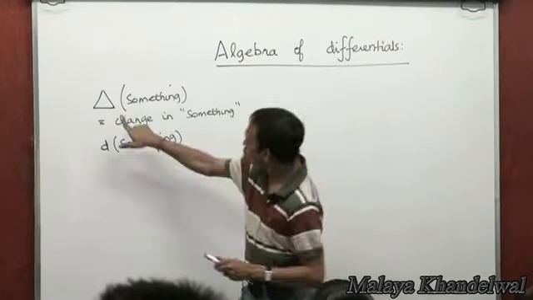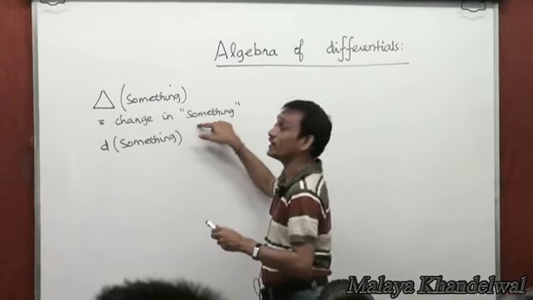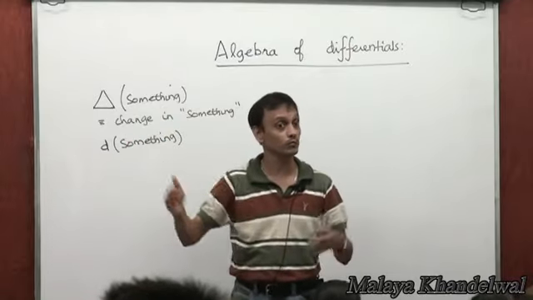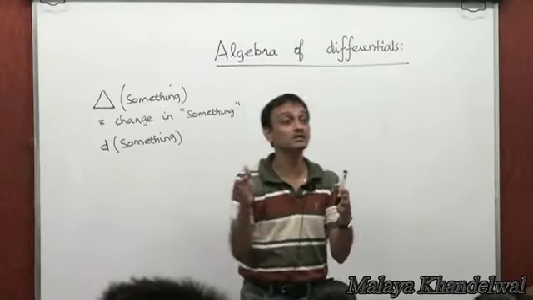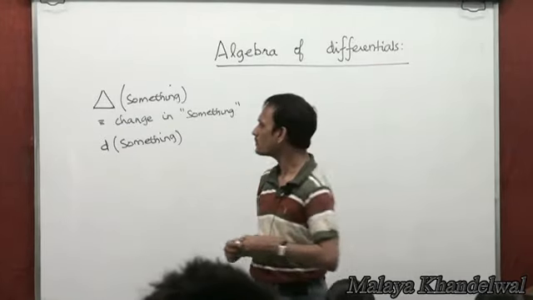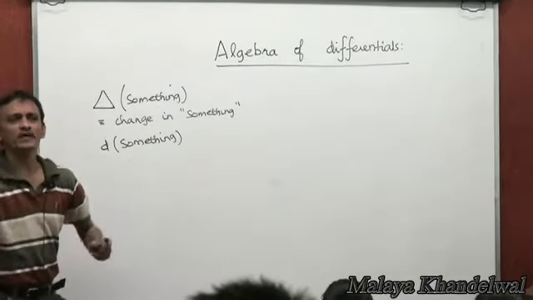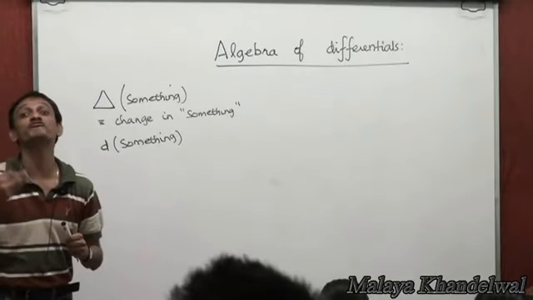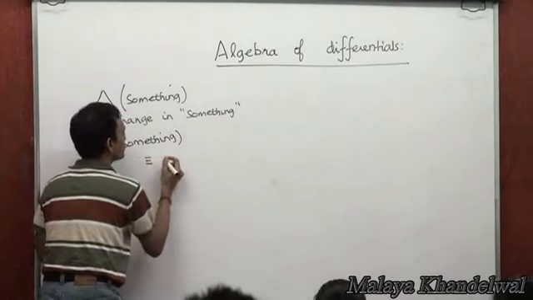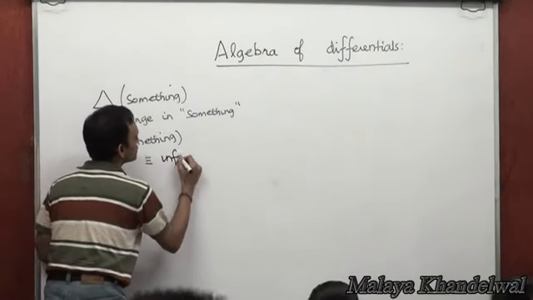And so delta is also a change, but this is a finite change. It could be big, small, whatever. But d of something means an extremely small change, as small as one could imagine. This d of something is referred to as an infinitesimally small change, an infinitesimal change.